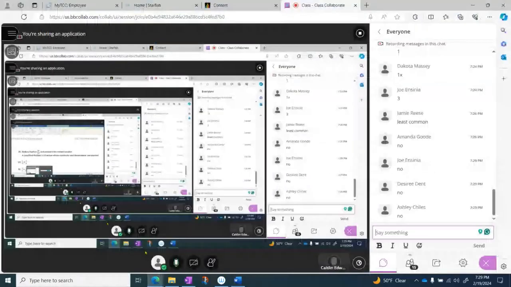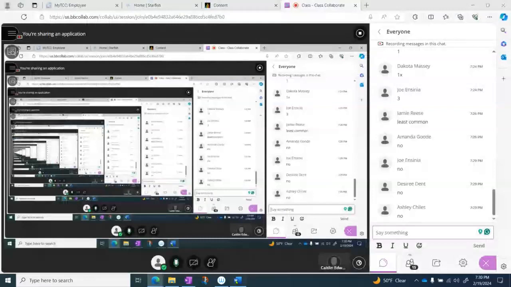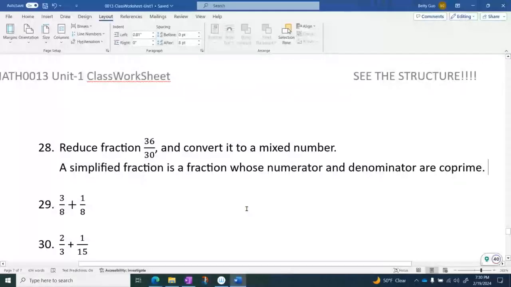So you're right. Very good. And can anybody quickly find the GCF of 36 and 30? 6, exactly. Perfect. So it would be 6 over 5, right? How do you get 6 over 5 though?